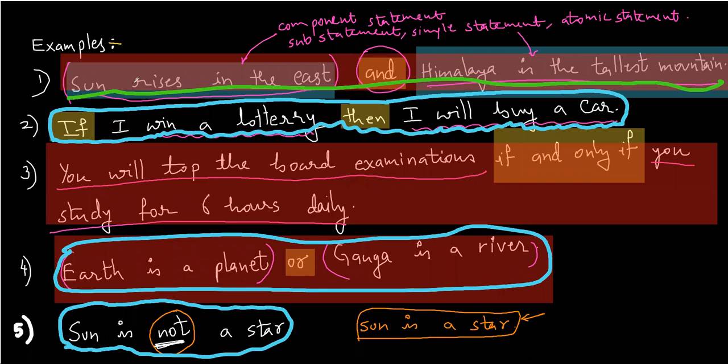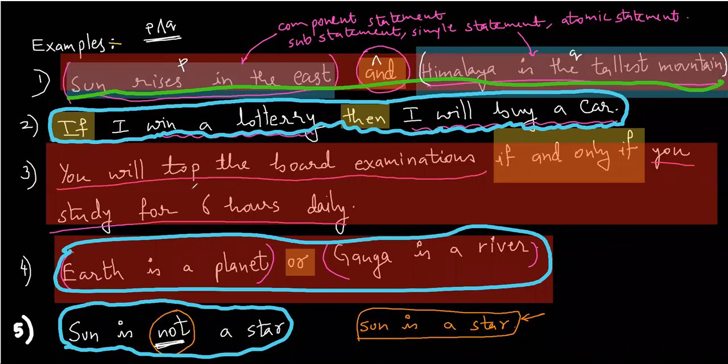This sub-statement, sun rises in the east, you could write as P. And Himalaya is the tallest mountain, you will write as Q. As you know the symbolic representation of and is this, the whole compound statement, that is this conjunction, can simply be written as P and Q. It is read as P and Q.